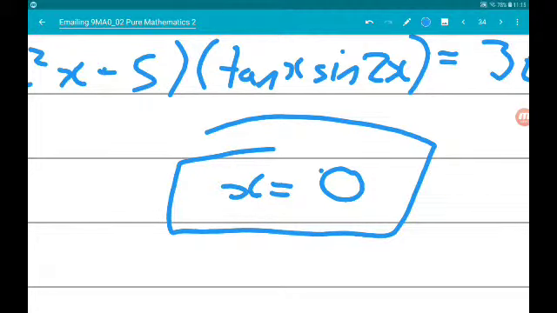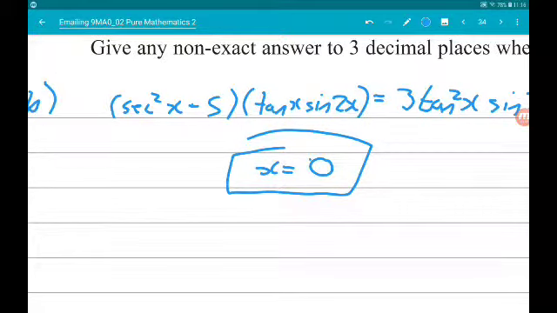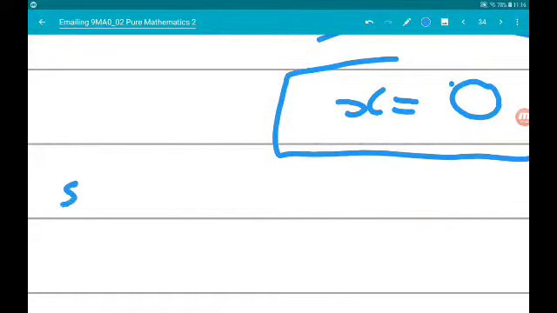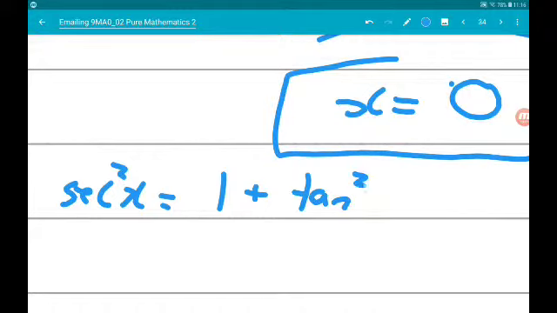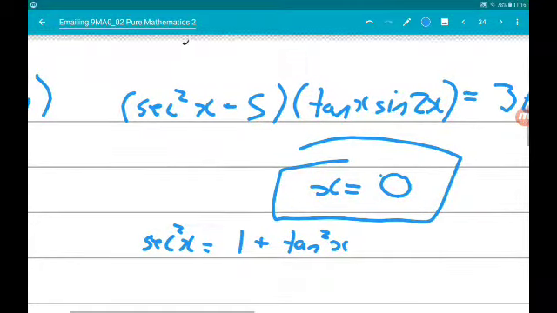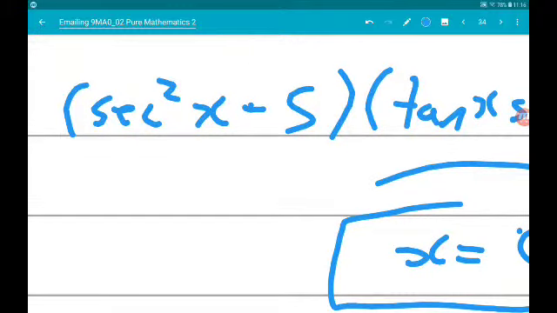So, now we need to get any others. So moving forward, we're going to need a trig identity, and that is that sec squared is equal to 1 add tan squared. So, if we substitute that in, we're going to get, in this first bracket, 1 add tan squared minus 5.